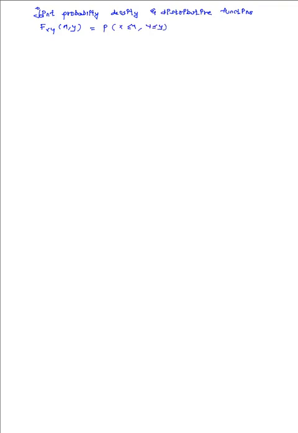The joint probability density function is given by this notation, and it is equal to the double derivative of the joint probability distribution function.